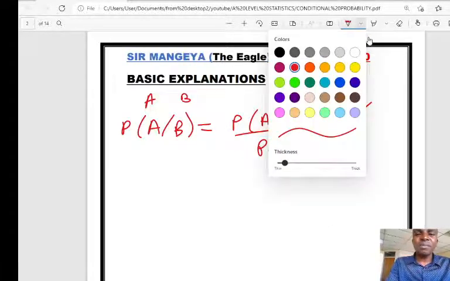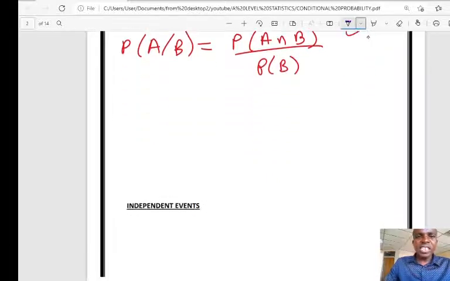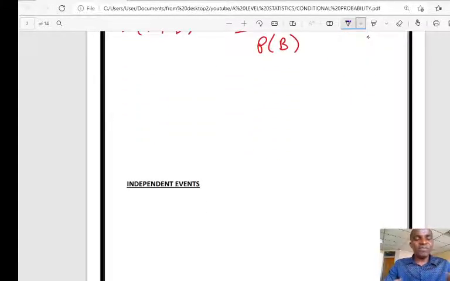Independent events are events whose occurrence does not affect one another. These are called independent events, right?